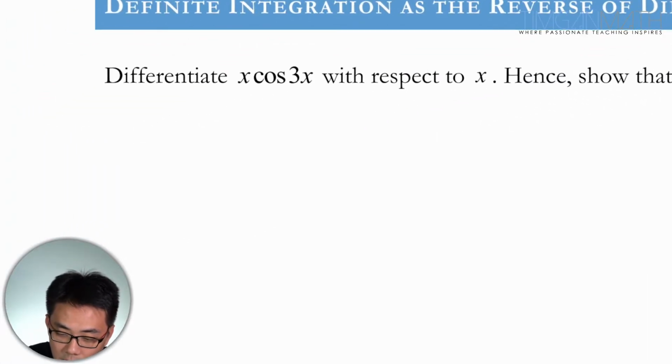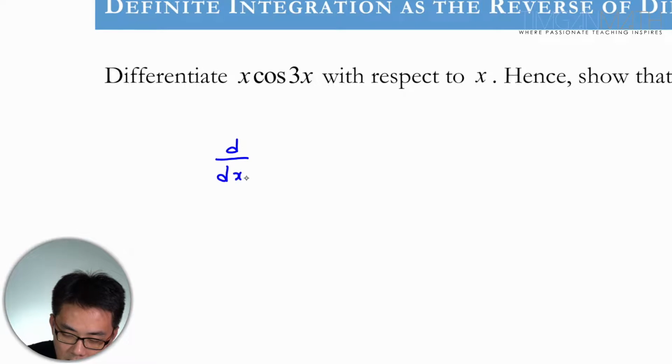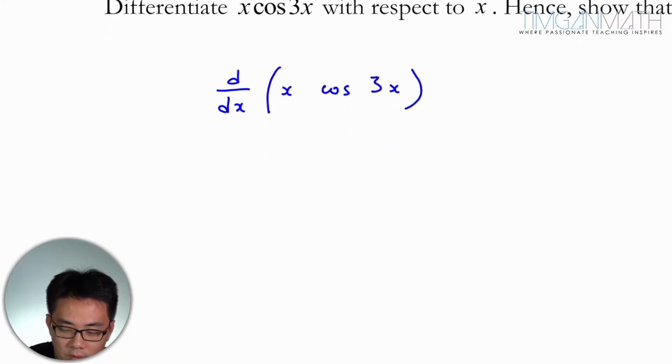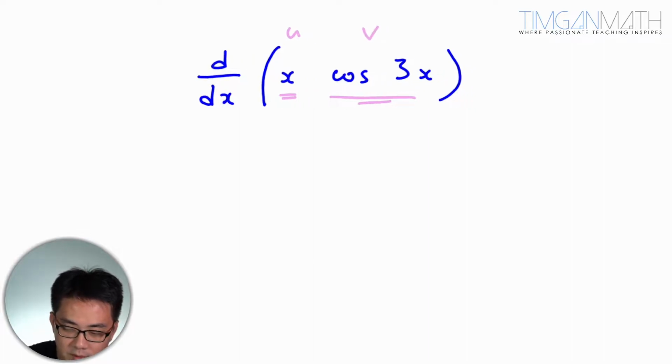As you can see, you're told to differentiate x cosine 3x with respect to x. So we keep the one on the left, which is u, and the one on the right, which is v.